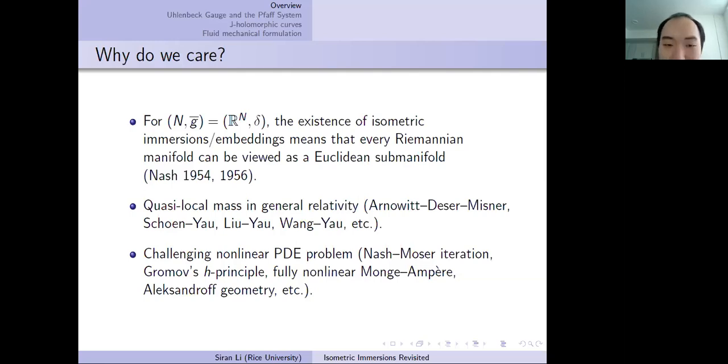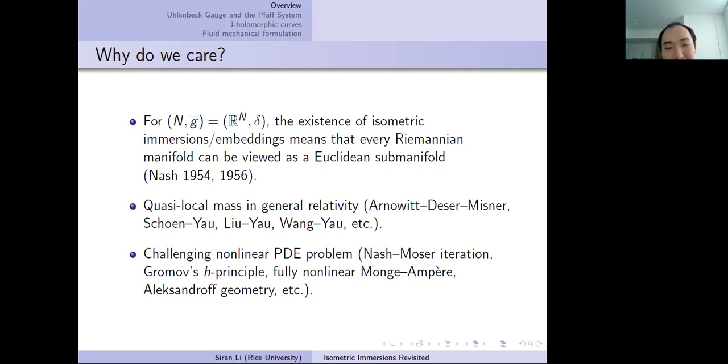From the differential geometric point of view, if I take the ambient manifold to be R^n with delta the Euclidean metric, and we can prove the existence of isometric immersions or embeddings, it actually means that every Riemannian manifold, although defined intrinsically, is not very mysterious. They can be viewed as immersed or embedded Euclidean submanifolds, respectively.